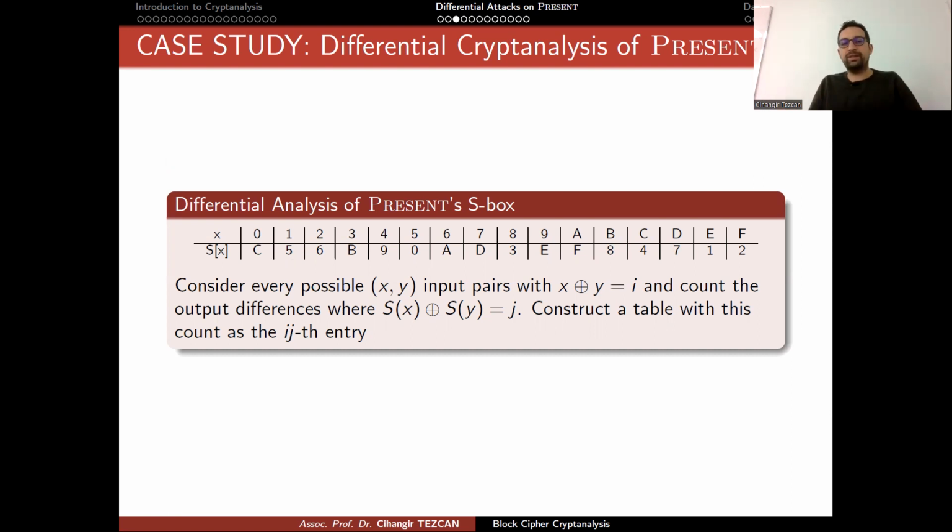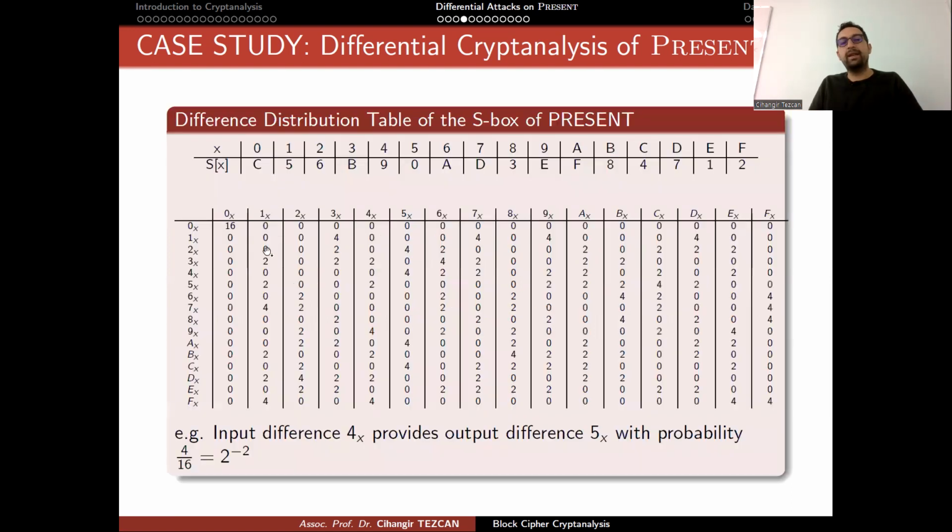So for this reason, in our table, we will see even values, not odd values. This is why this table is filled with zeros, twos, and fours. This table says that, for instance, if your input difference is 4 in hexadecimal notation, you look at the fourth row and you see a lot of zeros.